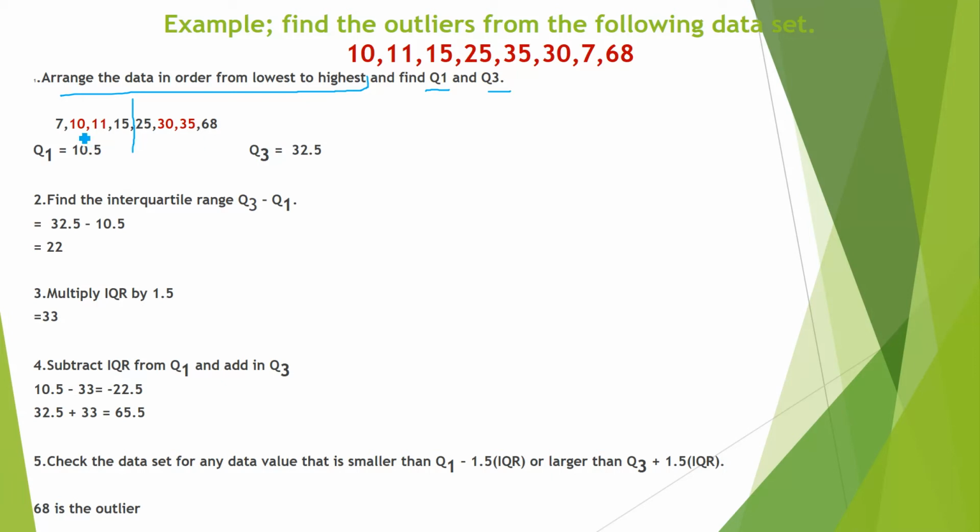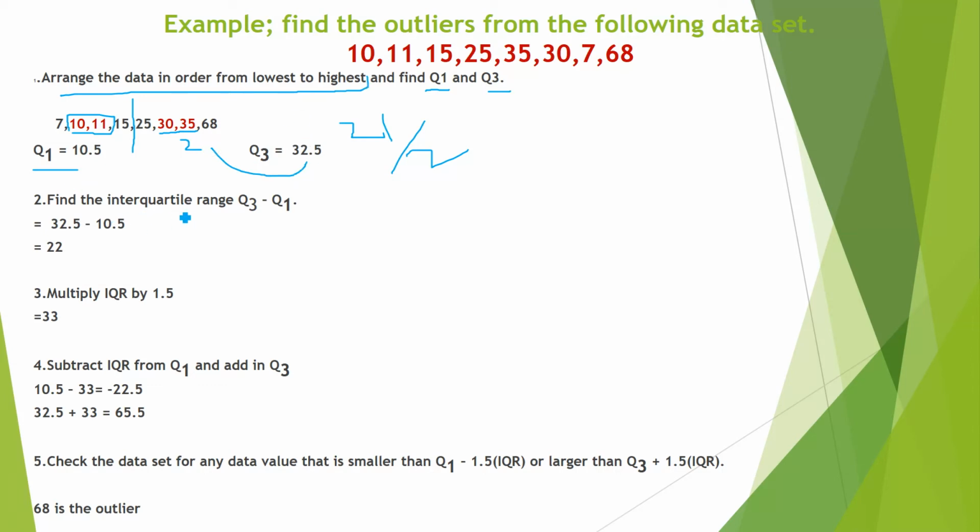On the left hand side, calculate the median. If it is an odd number, then it is fine, you can take only the center one, that is called Q1. But here you have two medians, 10 plus 11, which is equal to 21. 21 divided by 2, you will get 10.5. So this is quartile 1. Similarly, on the right hand side, you have to calculate the median. So 30 plus 35, 65, divided by 2, which is equal to 32.5. This is quartile 3. So the first step is done.